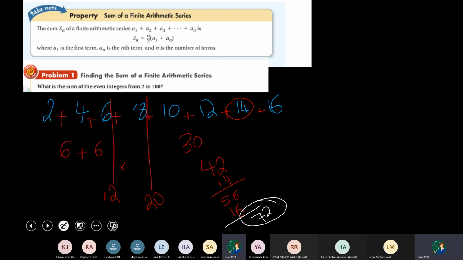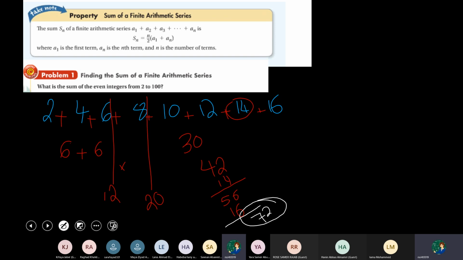But sometimes, as we will see now in problem 1, they ask what is the summation of even integers from 2 to 100. That means I have to add 2 plus 4 plus 6 plus 8 plus 10, 12, 14, 16, 18, 20, 22, until I stop at 100.